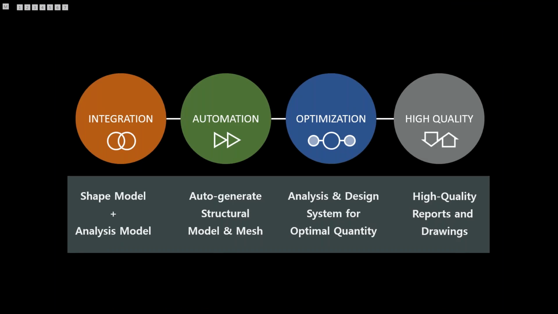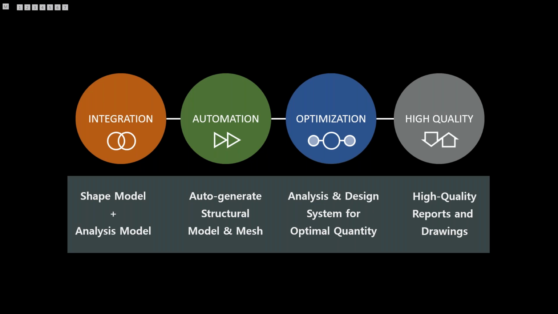So here we can understand that with the help of a simple modeling feature, there is integration of shape model and the analysis model. Because of many automated features in Midas Engine, there is auto generation of structural model, and mesh is also automatic.